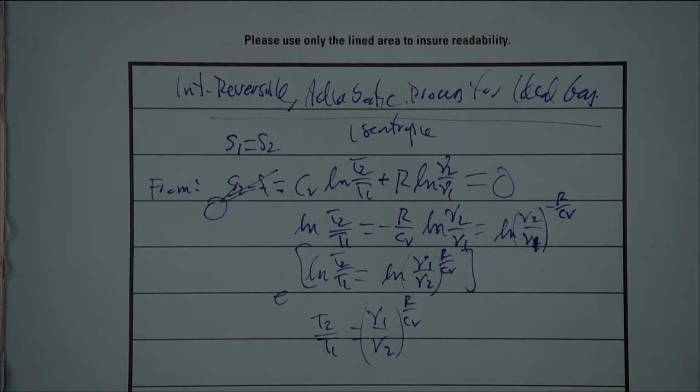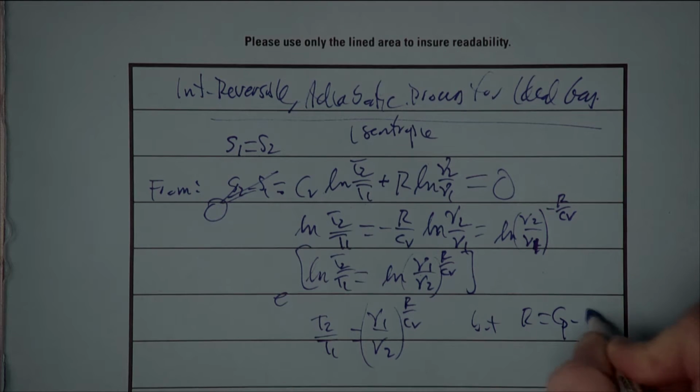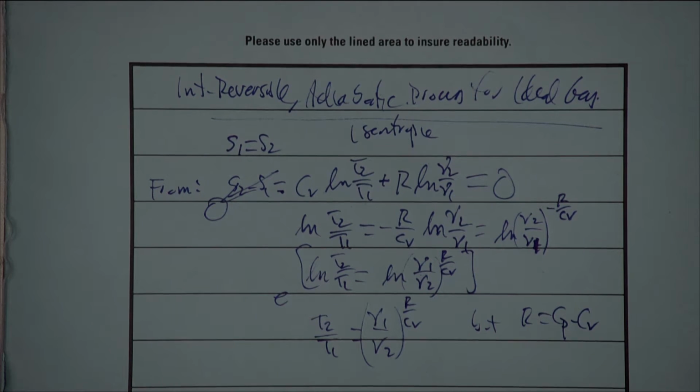However, one might also note that R is equal to the difference between Cp and Cv. Now, this is not something I derived for you, but it was something that I had mentioned when we were first talking about specific heats. I had mentioned that, not only did R equal Cp minus Cv, but that we also have something called k, which is the ratio of specific heats, which is Cp over Cv.